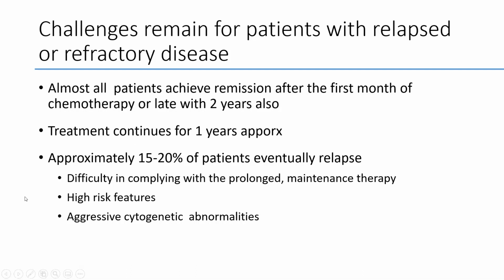Other malignancy patients will achieve remission after the first month of chemo, or as late as 2 years, and their treatment will continue for approximately 1 year. I'm talking about both aplastic anemia and malignancies. Approximately 15 to 20 percent of patients eventually relapse.